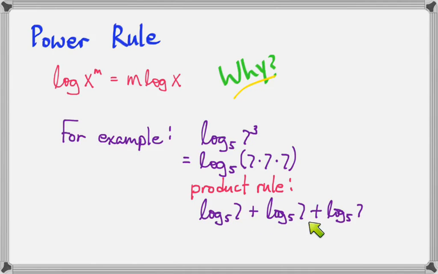But now they're all alike. So this plus this plus this means I have 3 of these. So you see that what used to be the exponent can be also written instead as a coefficient. And that's why the power rule works.